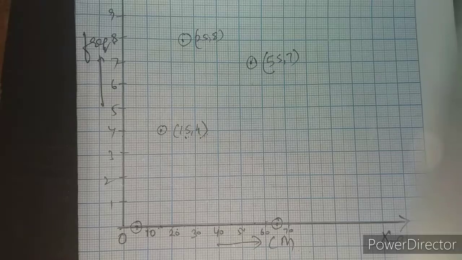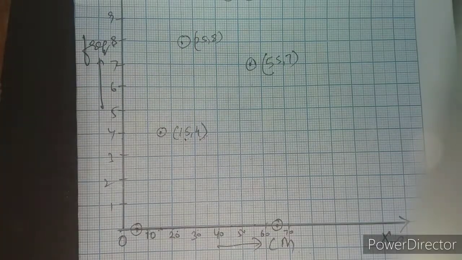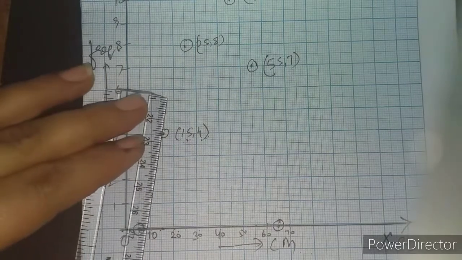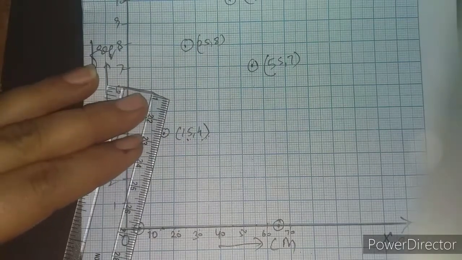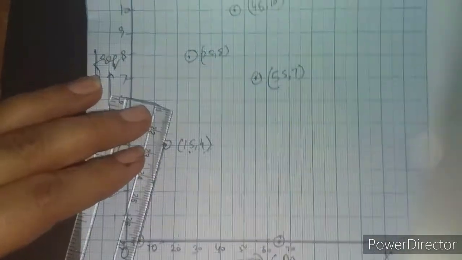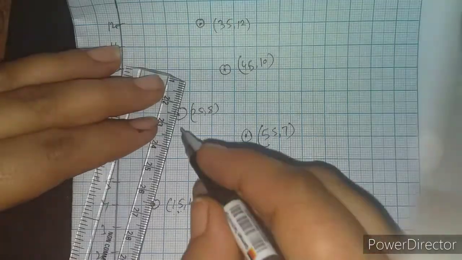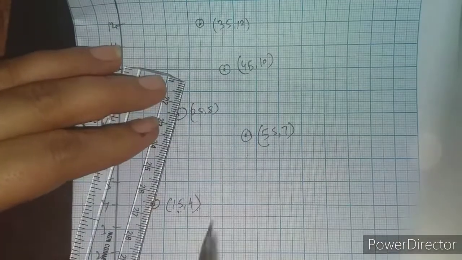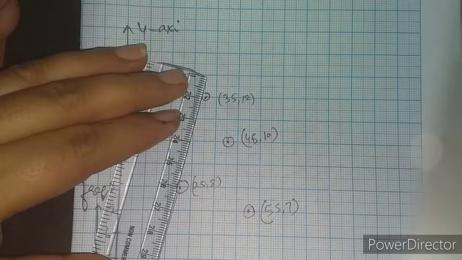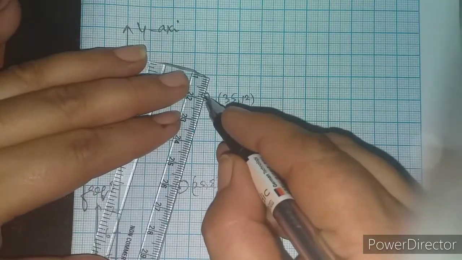So once these things have been plotted, simply join them with the help of a scale. So again showing with the help of pen only, so that it is a little clear to you. Otherwise you remember very much that you have to plot everything using the pencil only, but it was a little dim, so that is why I am taking the help of pen. And see, I am not joining the empty circles.